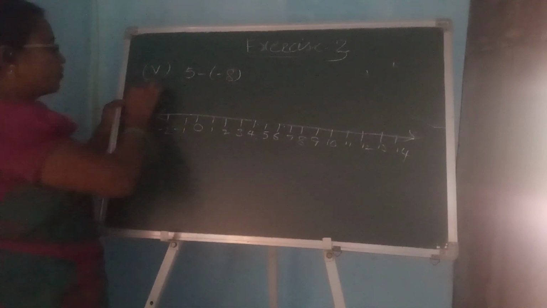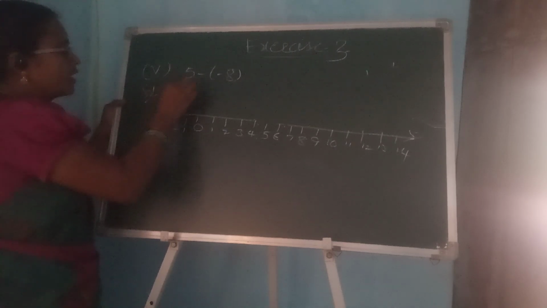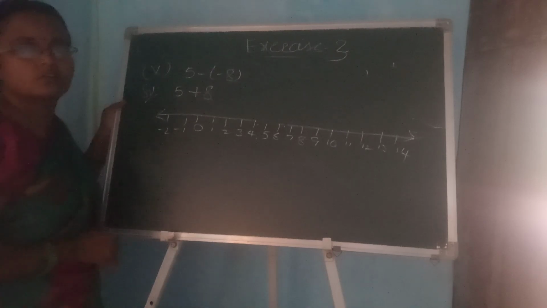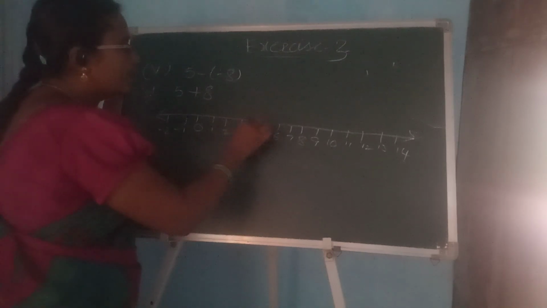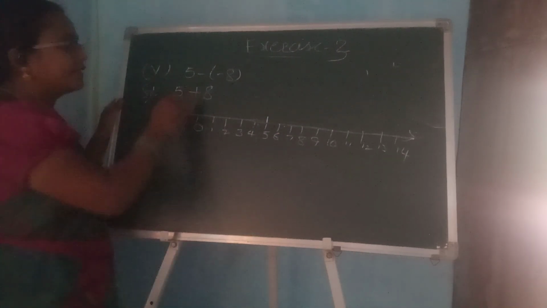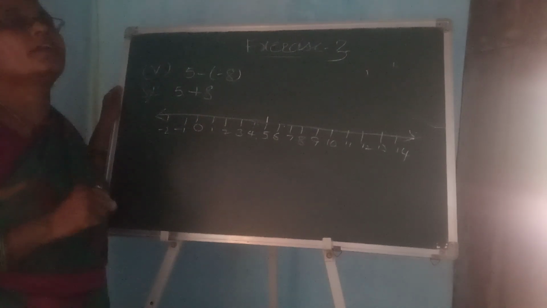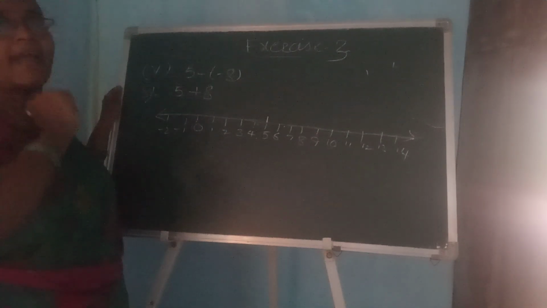First, in order to solve this, 5 minus into minus becomes 5 plus 8. So now start with the number 5, and it is given plus. Plus means in which side do you have to move? Yes, you have to move to the right hand side.